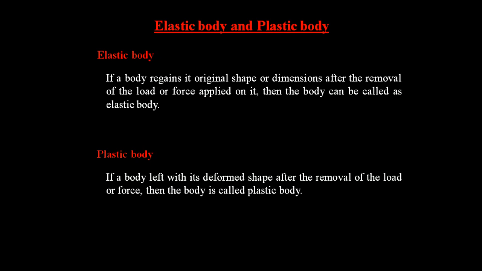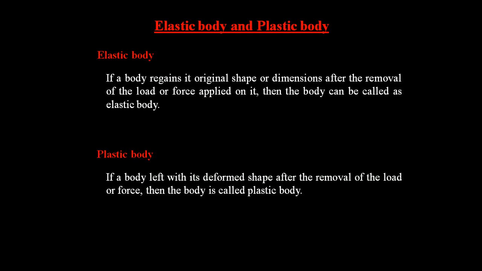If that deformation is permanent, even after the removal of the load, then that type of body can be called a plastic body. If the deformation disappears after the removal of the load, the body is called an elastic body. If the deformation exists even after the removal of the load, then the body is called a plastic body.